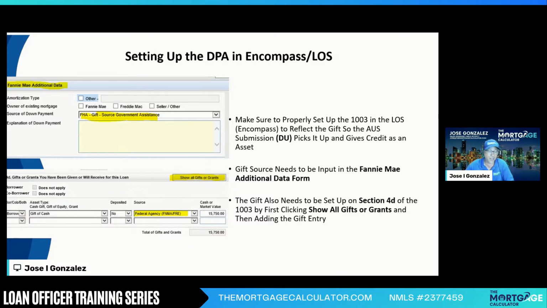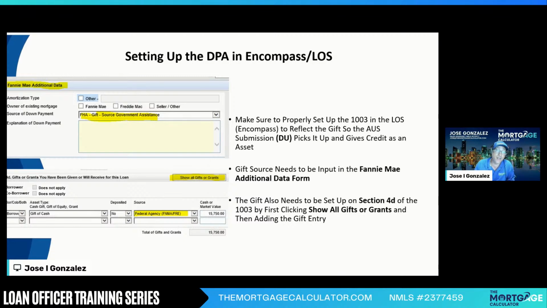In this case, again, it's going to be DU, and hopefully you will receive your approved eligible. Because one of the issues you may run into, theoretically, it says DPA is available down to a 620, but depending on the risk profile of the deal, you may not get an automated underwriting approval, in which case manual underwriting is still an option for this loan.